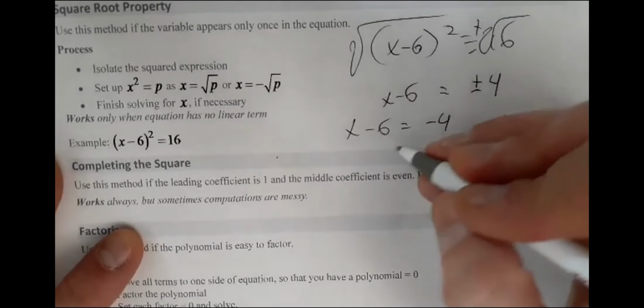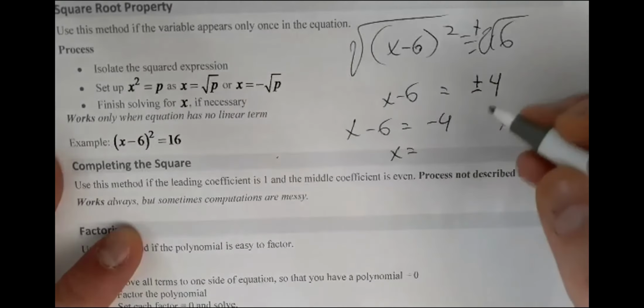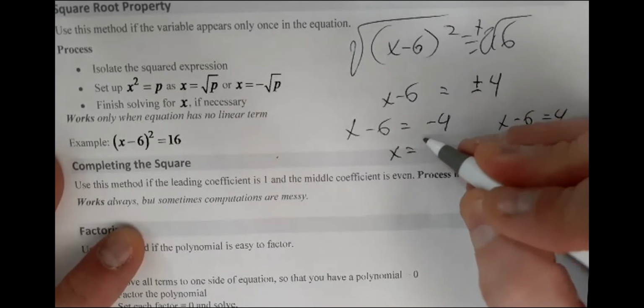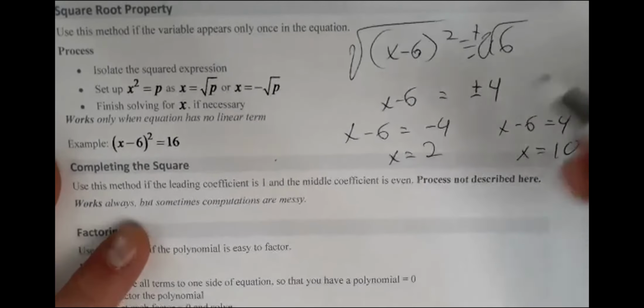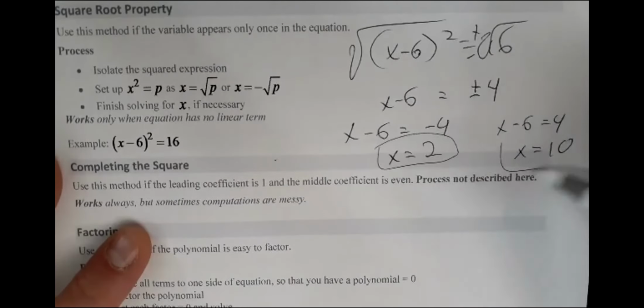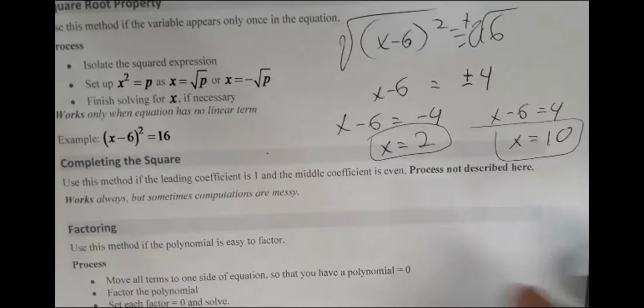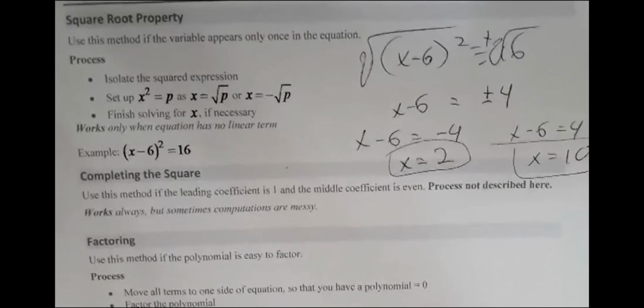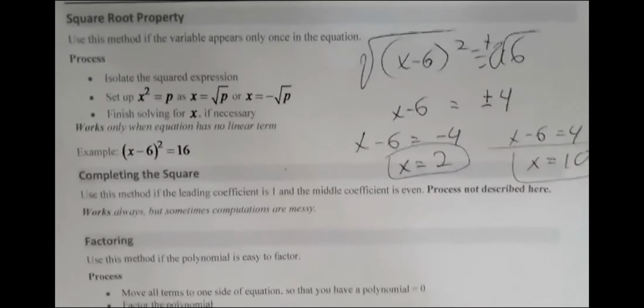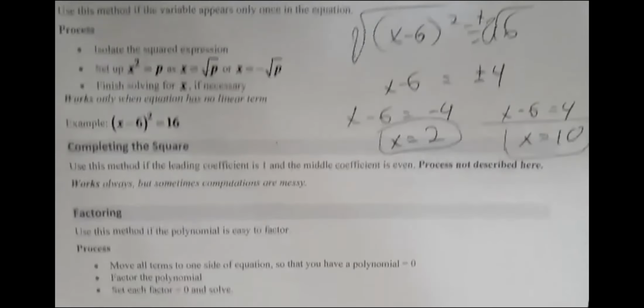And if I add 6 to both sides, either x is equal to minus 4 plus 6, which is 2, and 6 plus 4 is 10. So this is the square root property. This is one of the last things we went over. So hopefully this one's still fresh. So that's the thing we talked about, but we're not really going to go into too much.